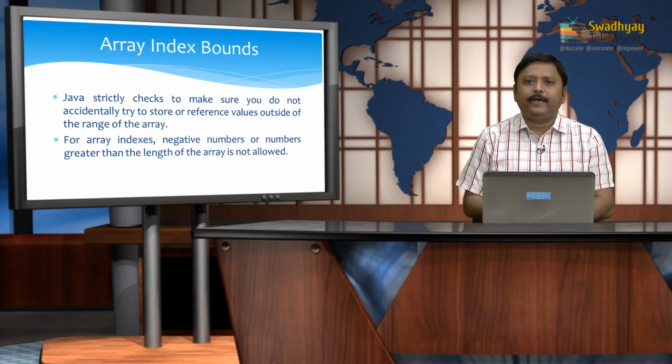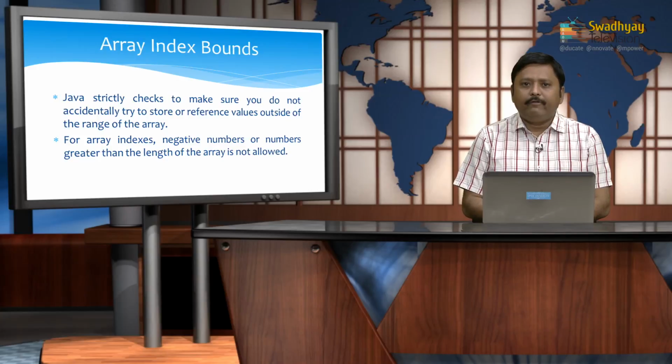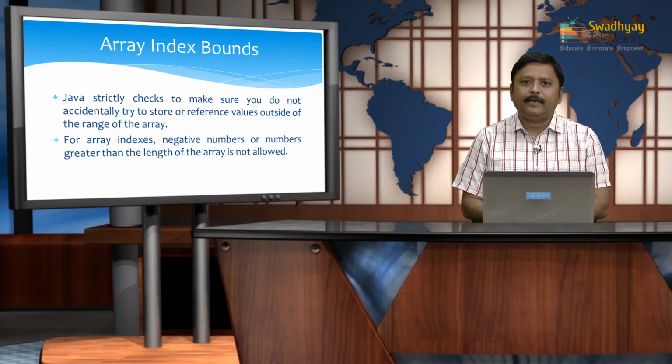Now, next we discuss array index bound. In C and C++, we use static arrays and there is no check on array bounds. Suppose you are trying to access an array element out of its bound, that is range, then it may not generate an error, but it may crash your program. But Java provides a facility to strictly check that you always refer to an array index inside its range or boundary.